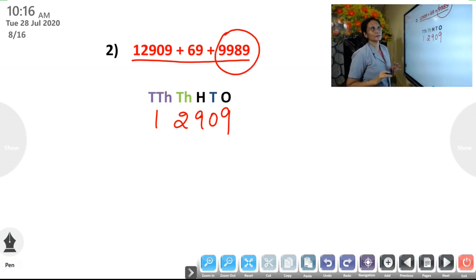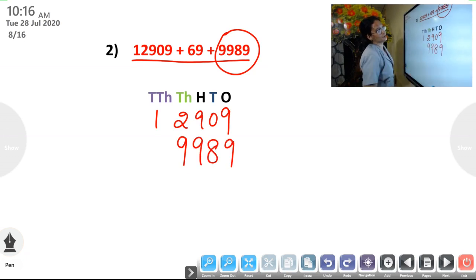I am just writing 9,989: 9 in the thousands, hundreds place again 9, then 89. And 69 comes in the tens and ones place. Okay, so it is 12,909 plus 9,989 plus 69. Now we can add them.